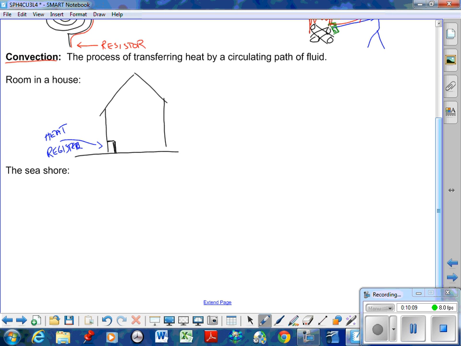All right, so what happens, the heat is generated in this corner. What happens to warm air? Well, warm air rises. All right, so in your house, warm air will rise in that stage right there.